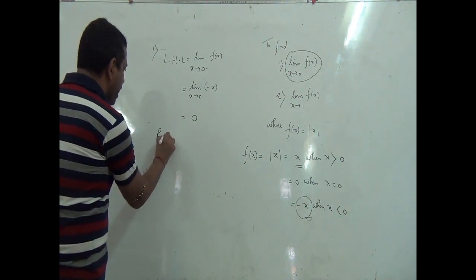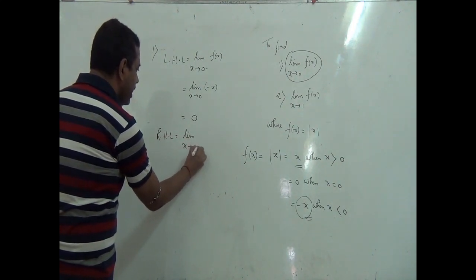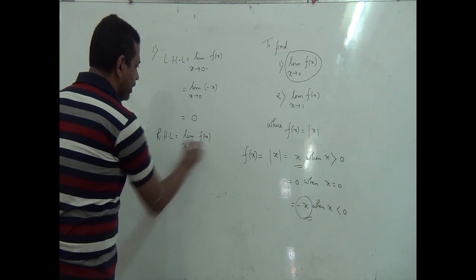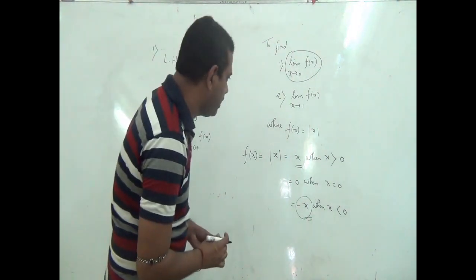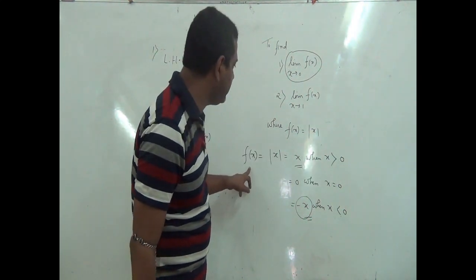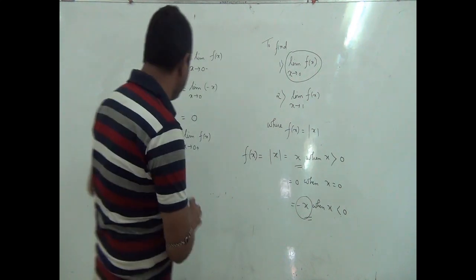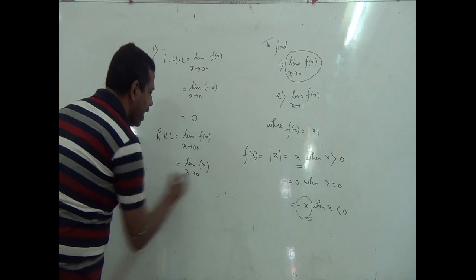Next we find right hand limit, limit x greater than 0 f of x. Now again look at the function. When x is greater than 0, then f of x is always given x. So we put limit x tends to 0 of x.